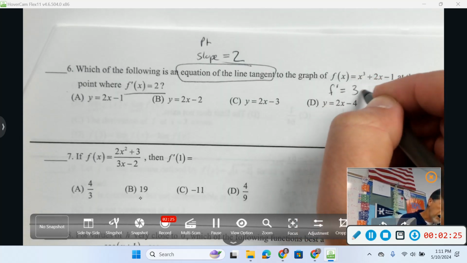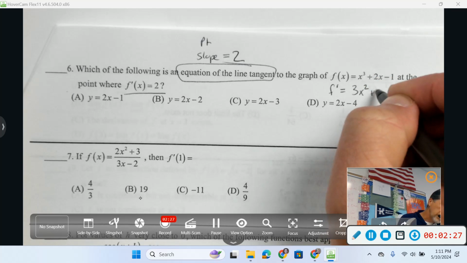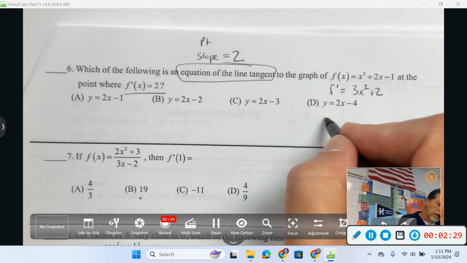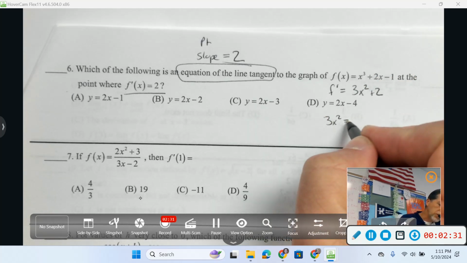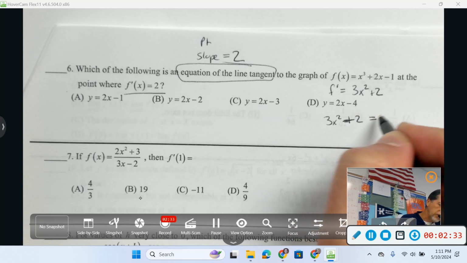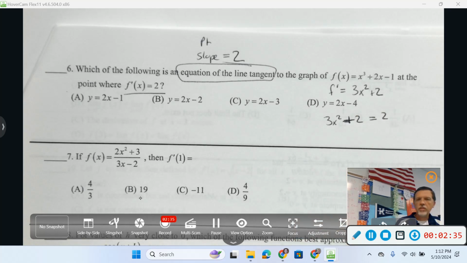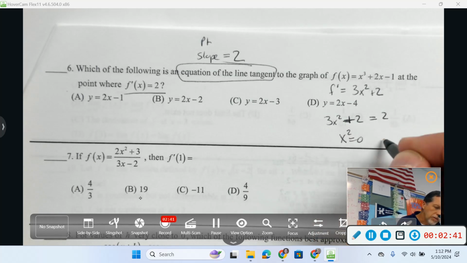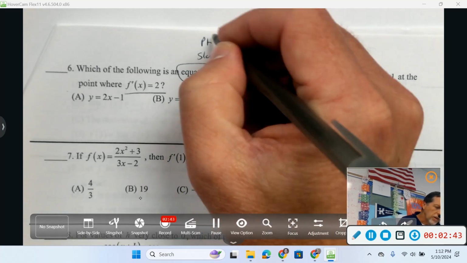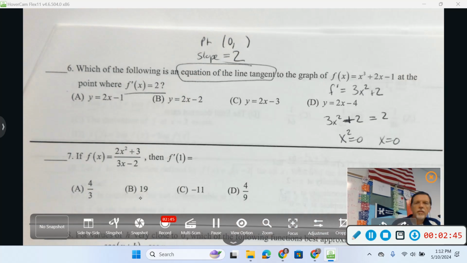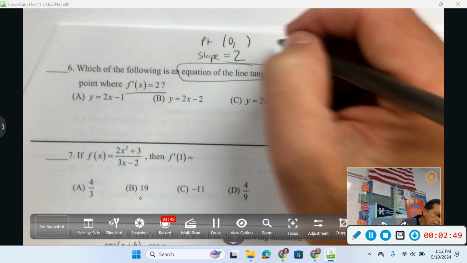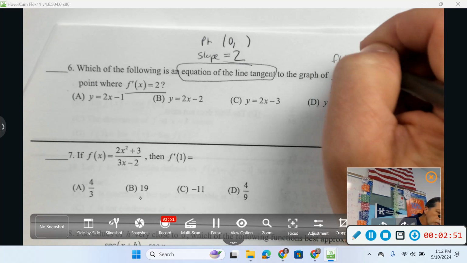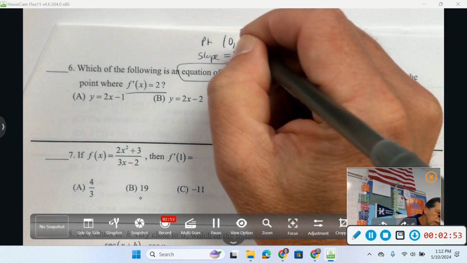So f prime is 3x squared plus 2. We'll set that equal to 2 because we said the derivative was equal to 2, which is pretty convenient. Subtract 2 from both sides. X squared equals 0, so x equals 0. So the slope is 2 when x is 0, and when x is 0, the y value is negative 1.